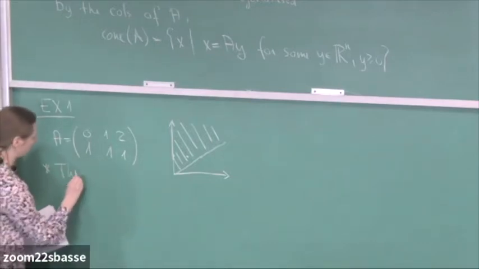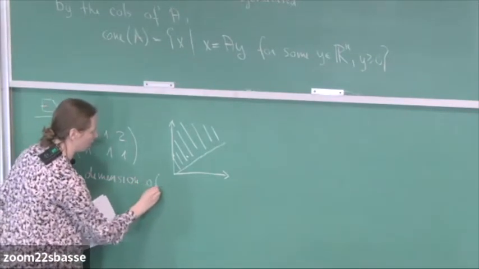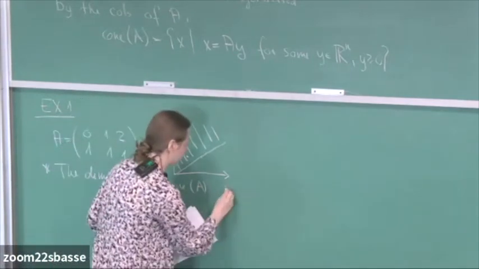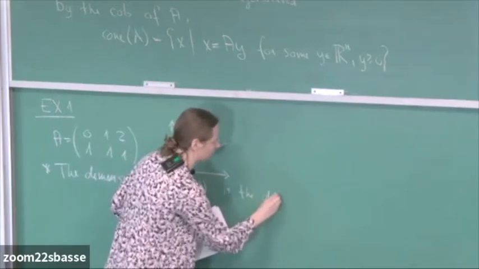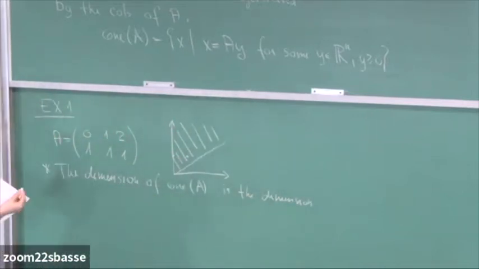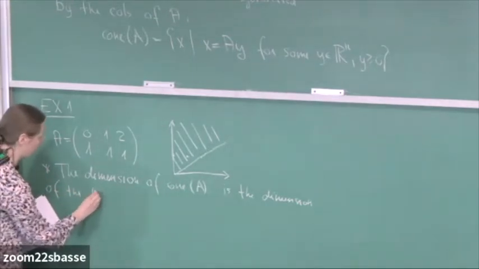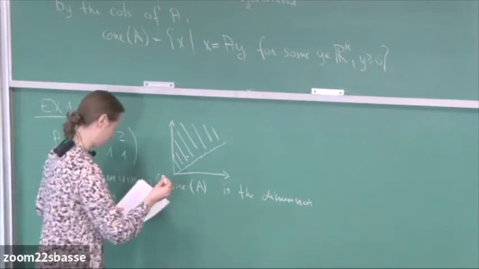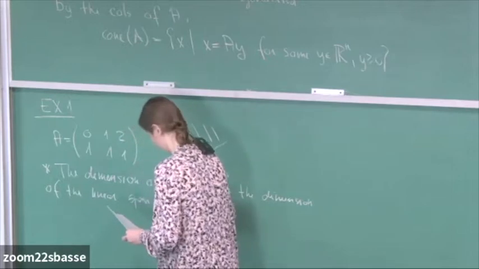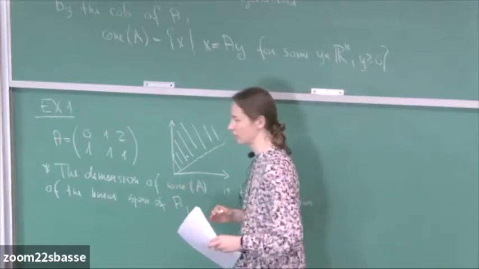The dimension of cone A is the dimension of the linear span of the columns of A. In other words, it is also equal to the rank of A.